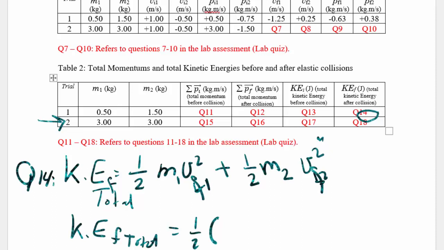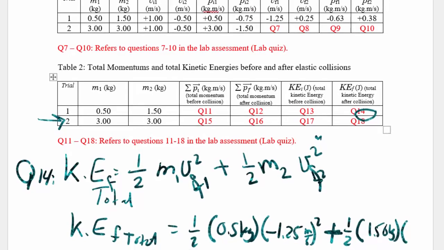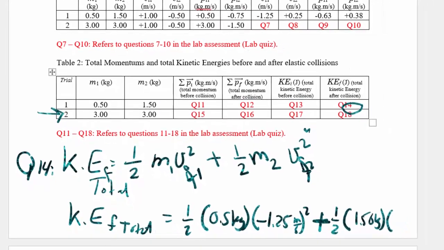So you plug the value of M1, which is 0.5 kilogram, times V final 1, which is negative 1.25 meter per second, all squared, plus the final kinetic energy of M2, which is 1/2 the mass of M2, which is 1.5 kilogram, times the final velocity squared of M2, which is 0.25.